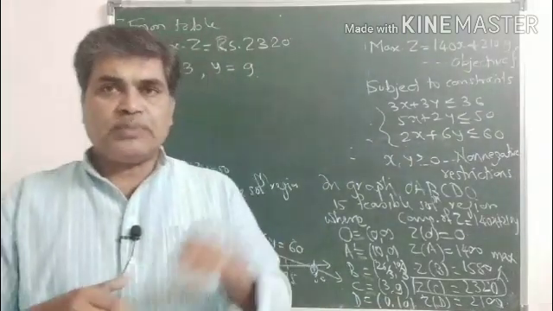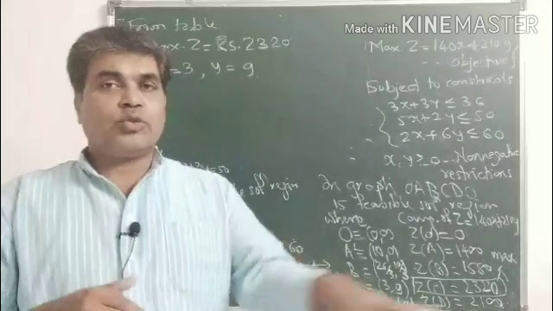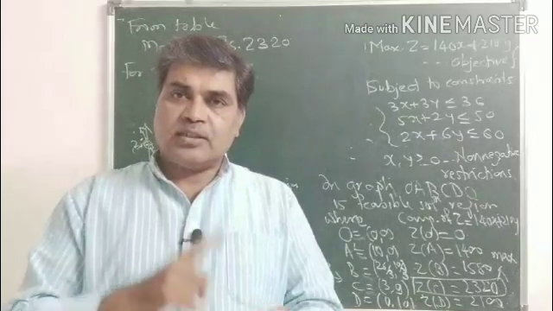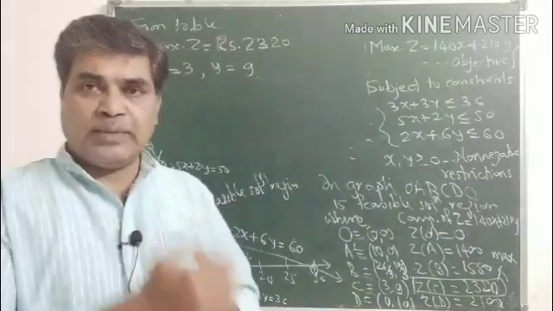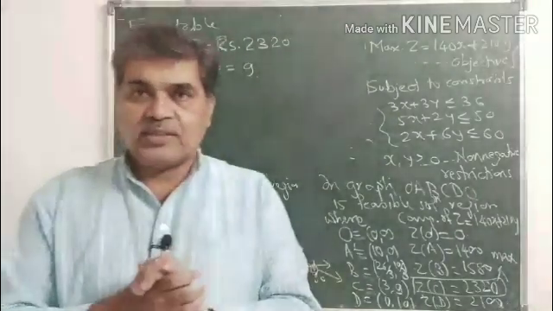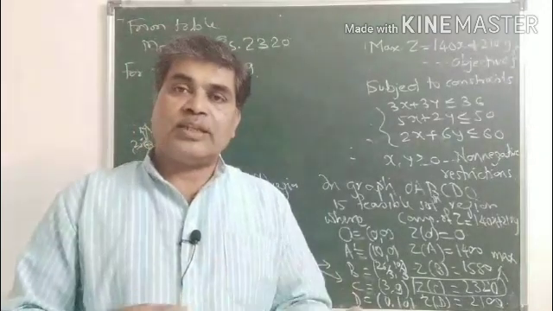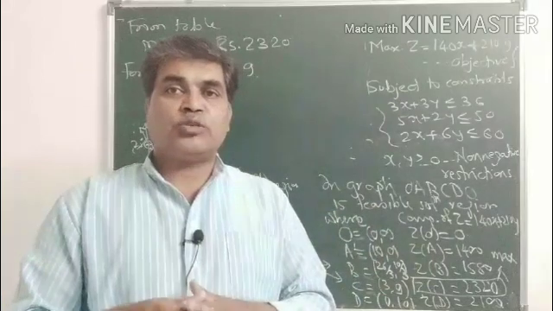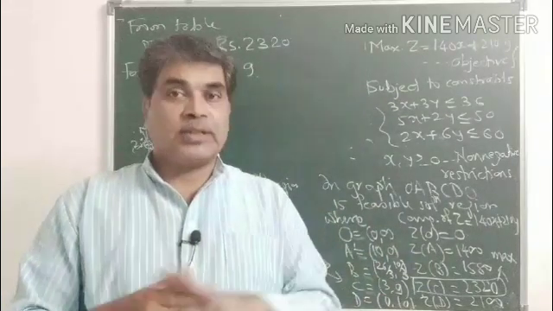If there is no feasible solution region, there is no solution for that linear programming problem. So there is the unique solution case, infinitely many solutions, and no solution case. So we have to take some examples in which there are infinitely many solutions and no solution case.